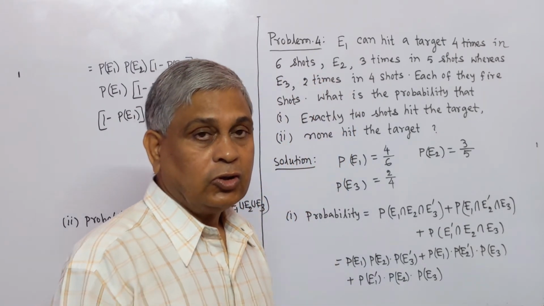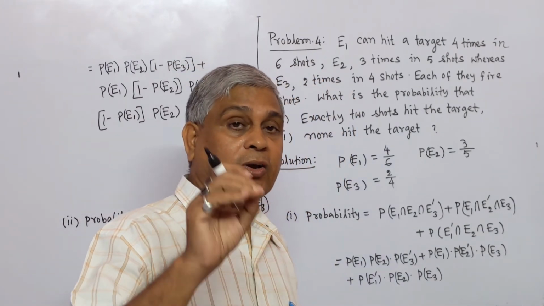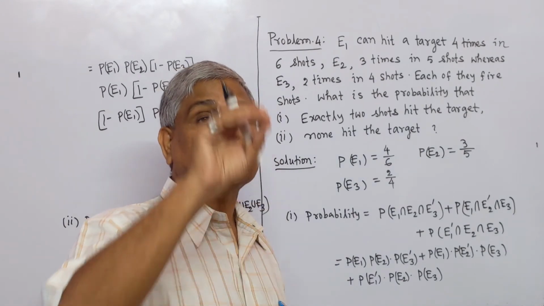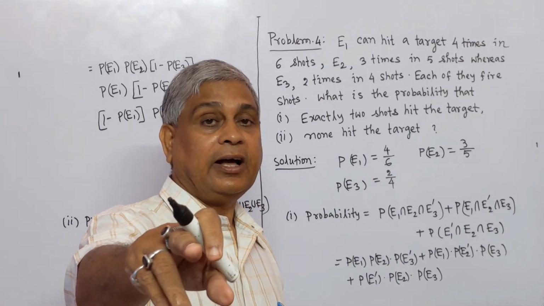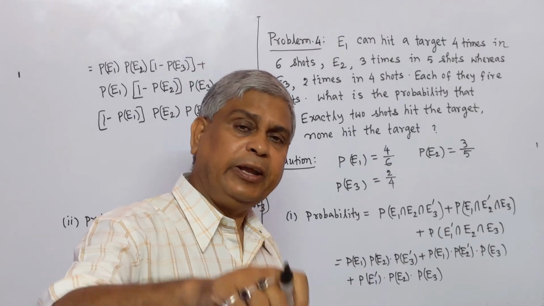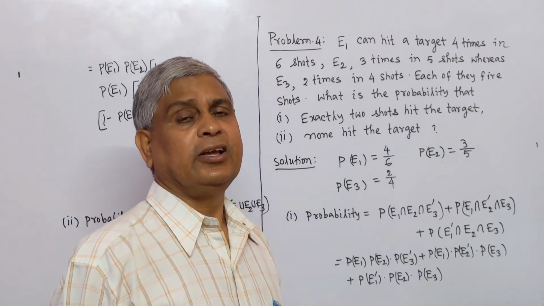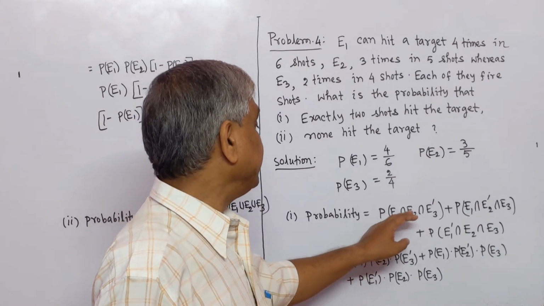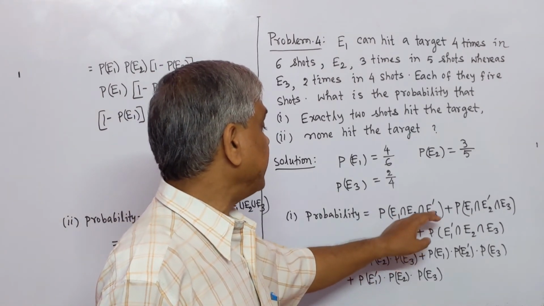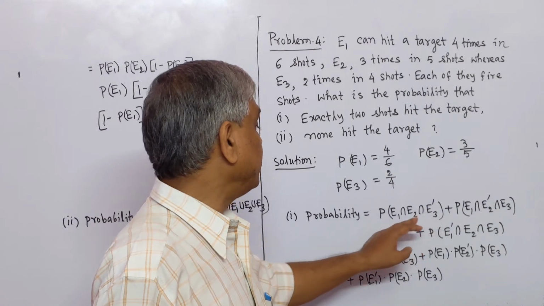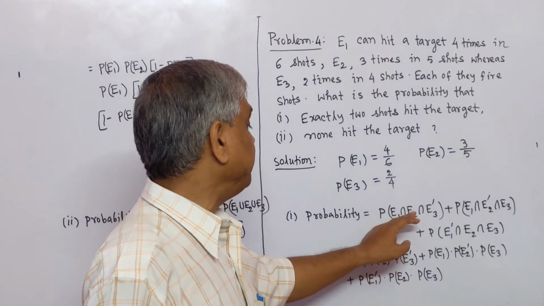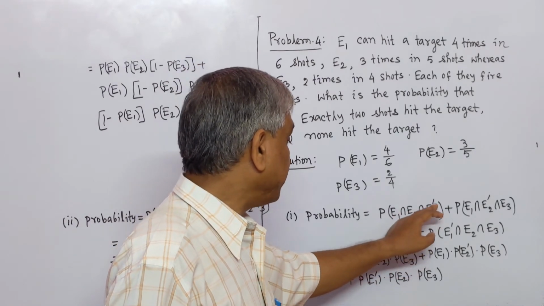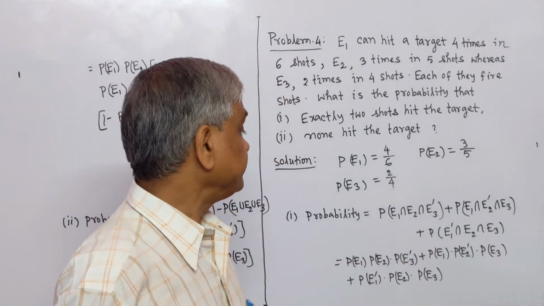Now we know that the first, second and third shots are all independent events. So P(E1 intersect E2 intersect complement of E3) equals P(E1) multiply P(E2) multiply P(complement of E3).